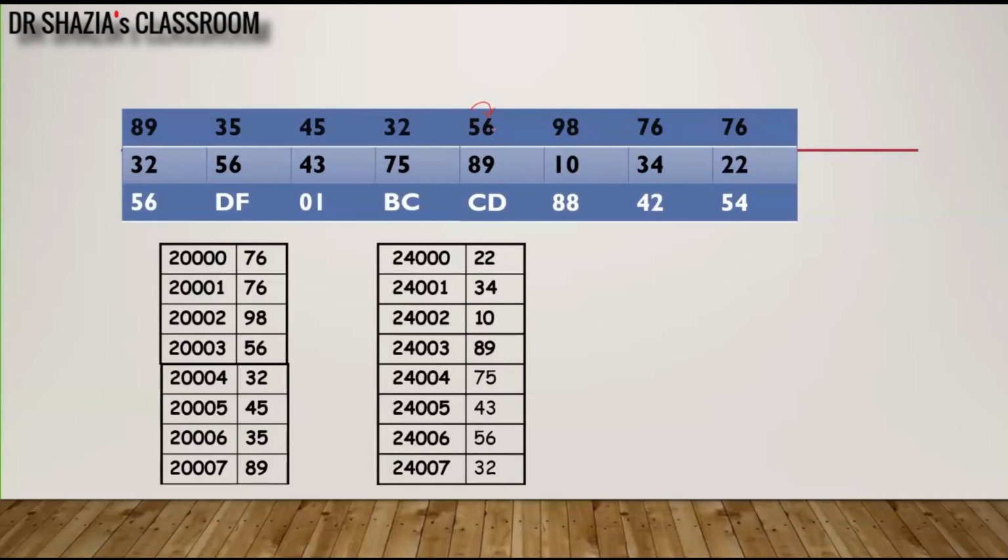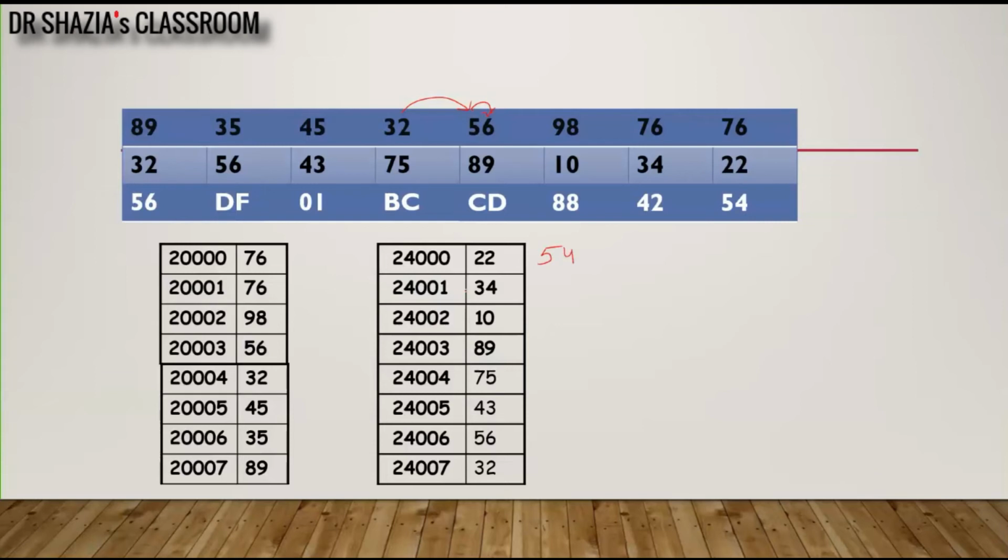So the result will be D, and 4 minus 8. Now 4 minus 8 also we cannot perform, so I will take a borrow from the previous higher significant digit, and the result will be as shown in the third column. And this result I want to store. So after execution of this instruction, the result stored at address 24,000 should be 54.